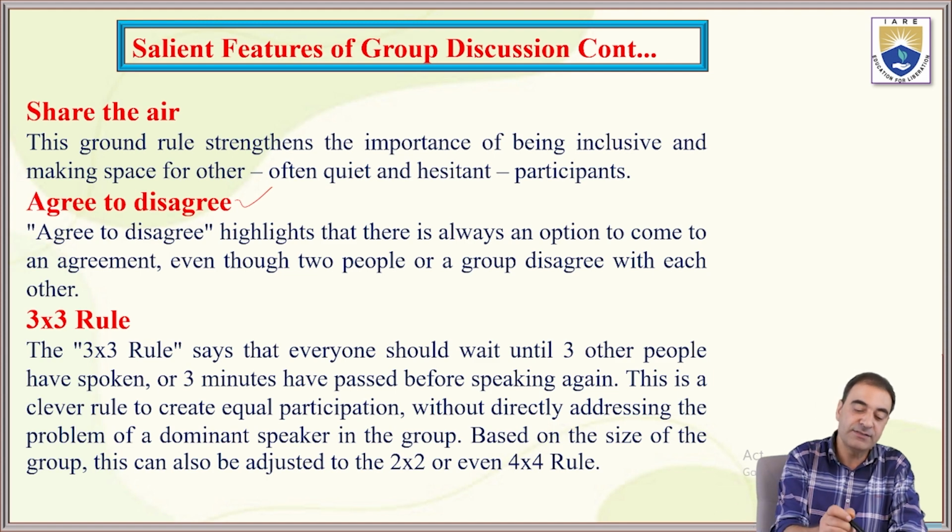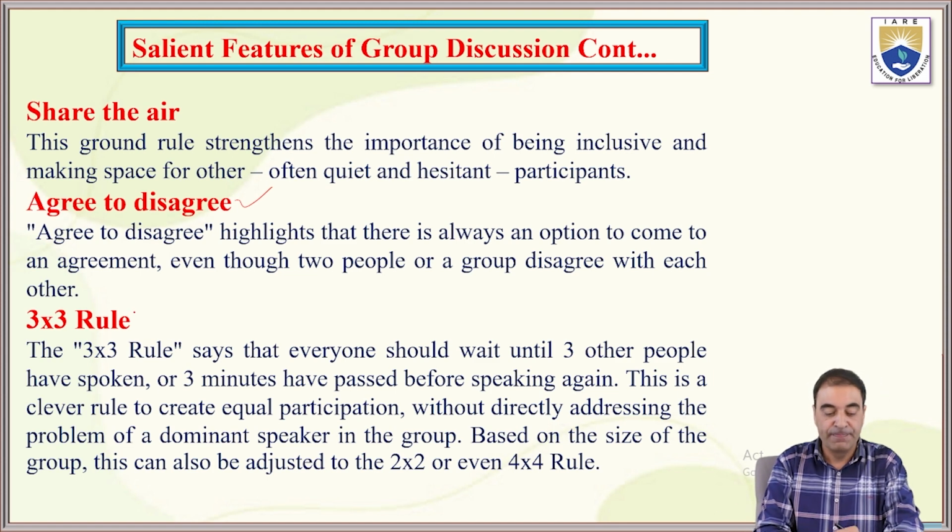Now the next one is the 3 into 3 rule. The 3 into 3 rule says that everyone should wait until 3 other people have spoken, or 3 minutes have passed before speaking again.